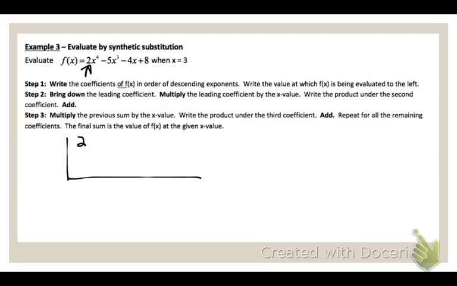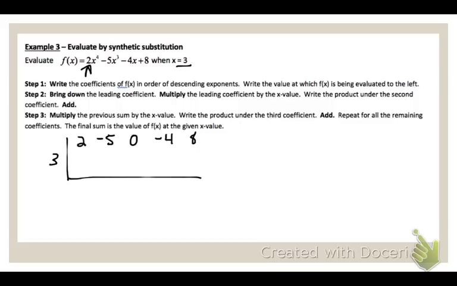And then my next, I'm looking for an x to the 3rd power term, coefficient's -5. There's no x squared term, so I need to put a 0 placeholder for that coefficient. And then x to the 1st, that coefficient is -4, then 8. And then you put the value that you are plugging in out to the left-hand side.